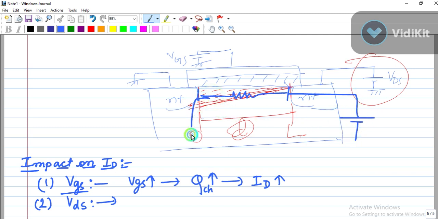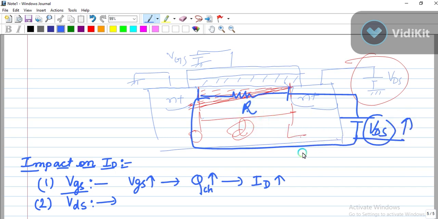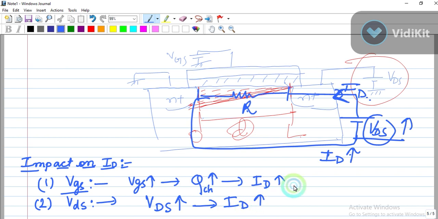If I increase VDS, simple, this ID will increase.